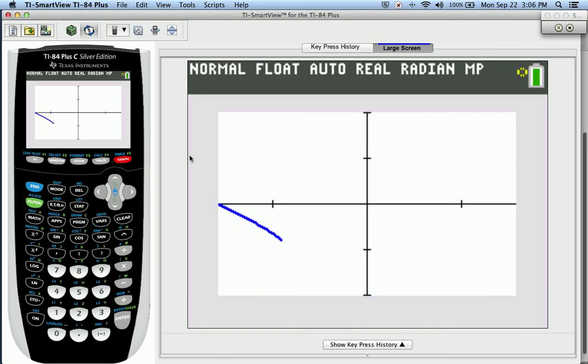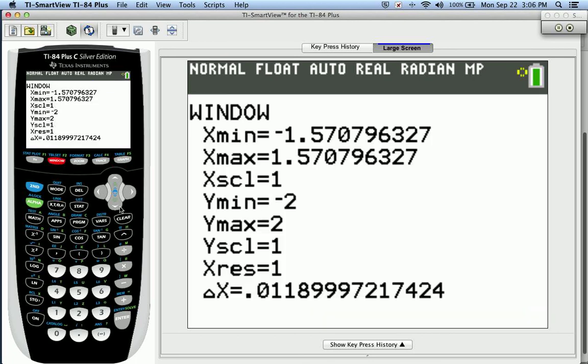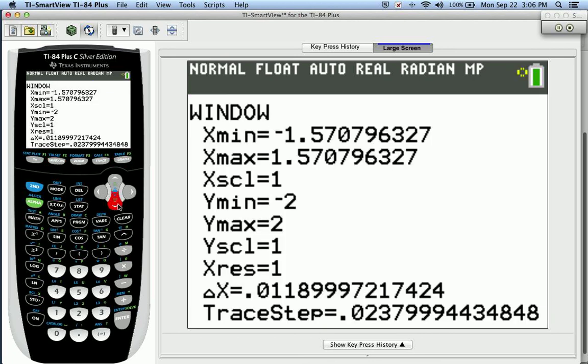Here's our graph. As I'm approaching 0, this guy's heading down. Let me look at this window a little differently so I can see where it's heading towards infinities.